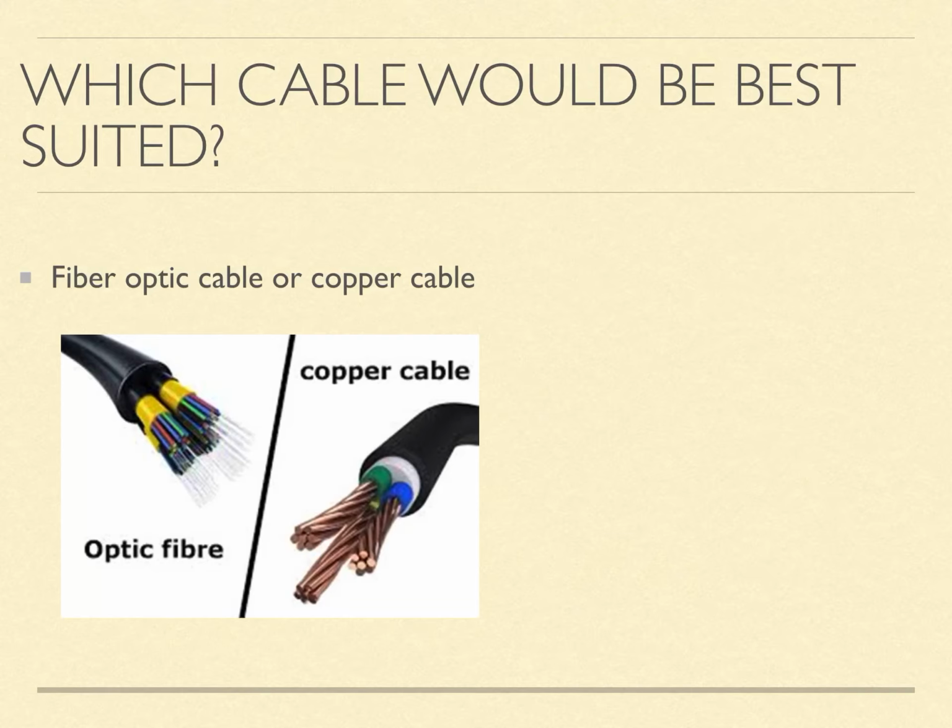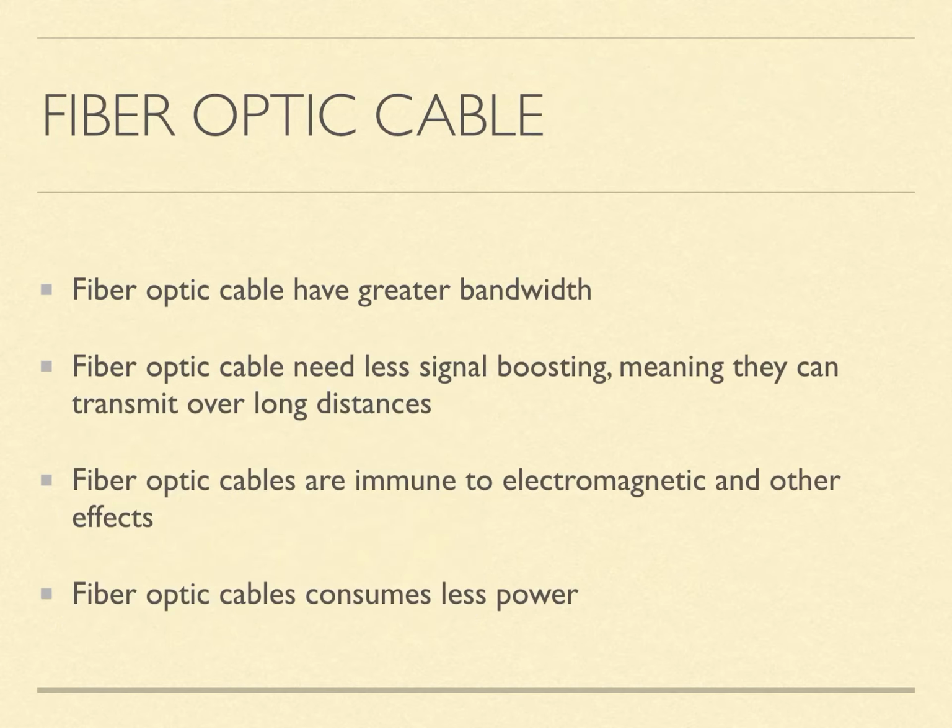Which device would be suitable when transferring data over 50 kilometers between fiber optic cable or copper cable? I would say that fiber optic cable would have a greater bandwidth. That's what we've learned from the lesson. Fiber optic cable needs less signal boosting, meaning no repeaters basically over long distances.